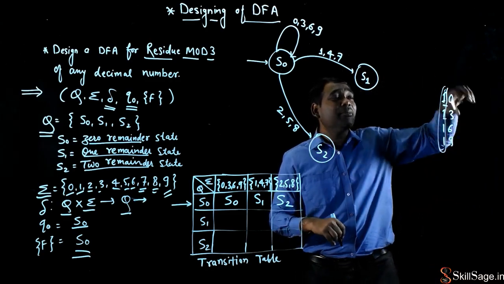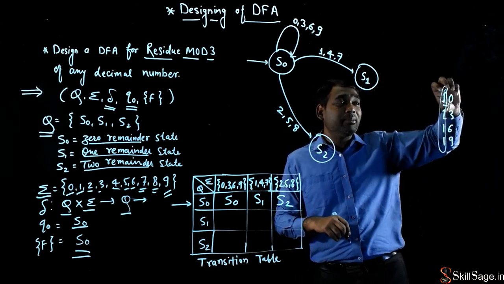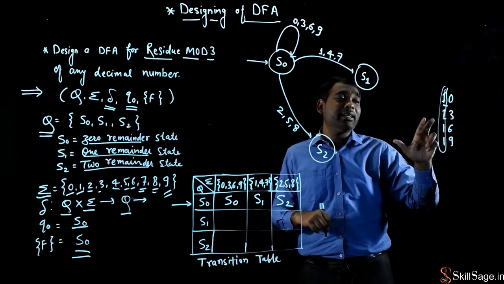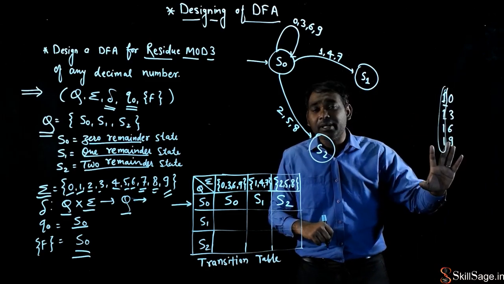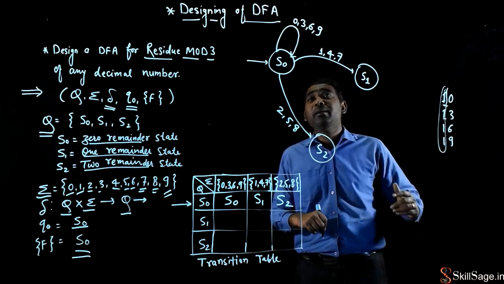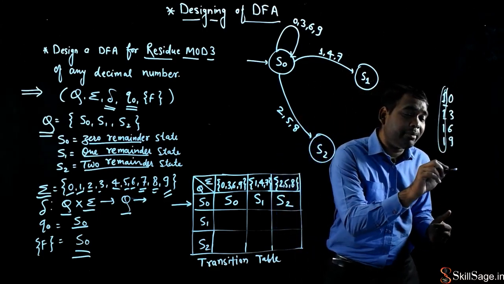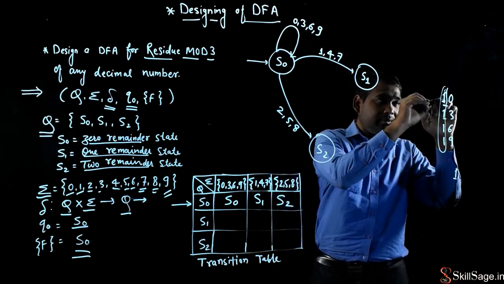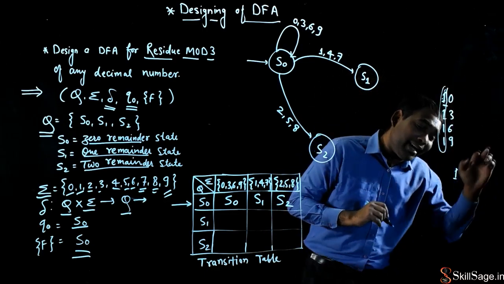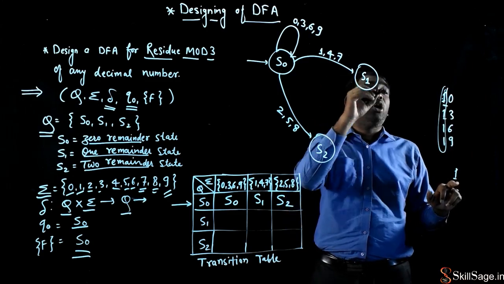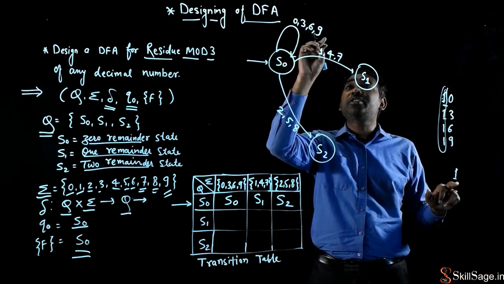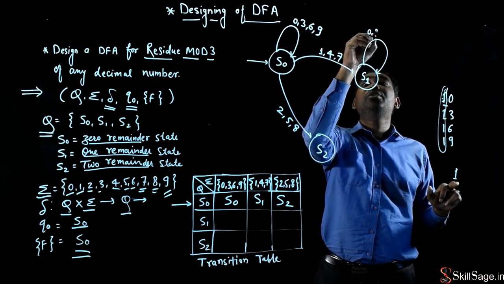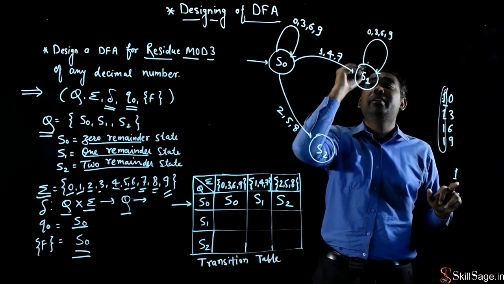If I divide any one of these numbers by 3, what remainder am I going to get? 10, 13, 16 or 19: if I divide any one of these by 3, I am going to get remainder 1. So my current state is the remainder 1 state and my next state is also the remainder 1 state on input 0, 3, 6 or 9. So here there will be a self transition on 0, 3, 6 or 9.